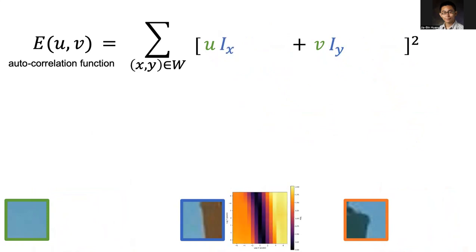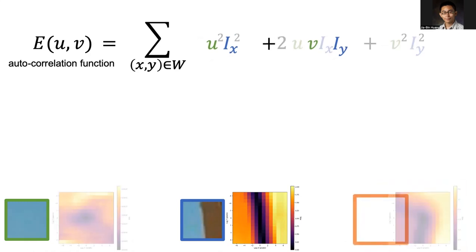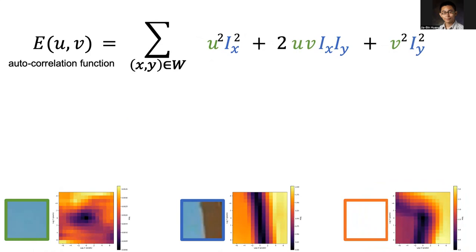So the square of uIx plus vIy is basically (a plus b) squared. So what is that square? If you expand it, it's basically a squared plus 2ab plus b squared. That's kind of high school math.